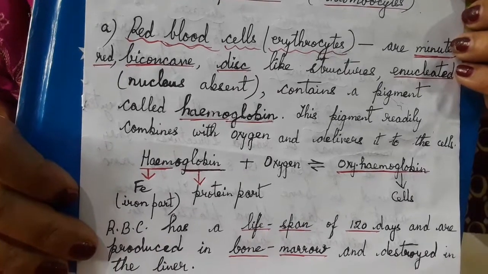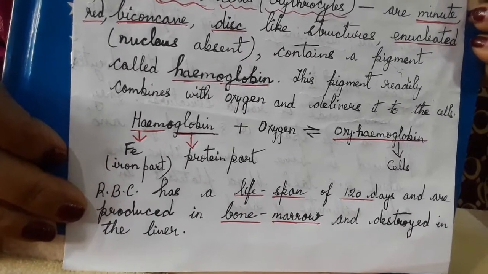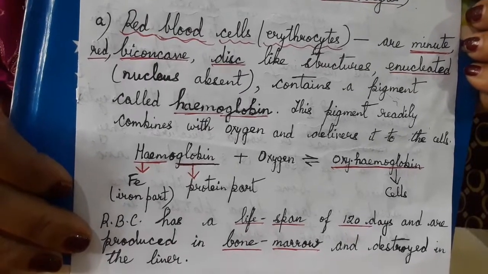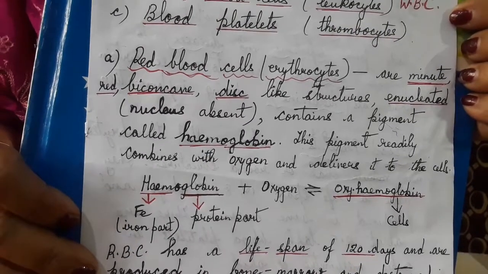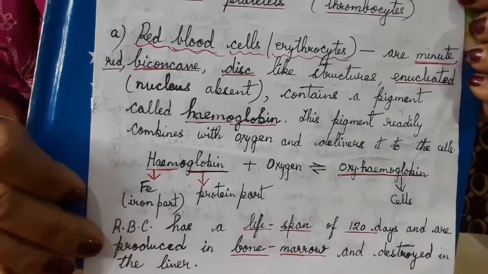RBCs are produced in the bone marrow. They have a lifespan of 120 days. They help in the transportation of nutrients, that is the digested food, and gases, oxygen and carbon dioxide.